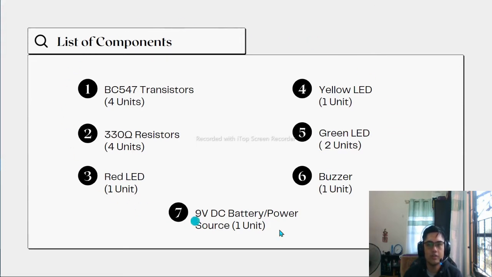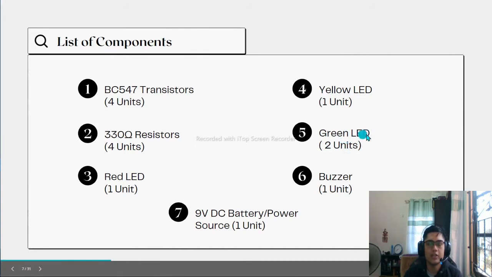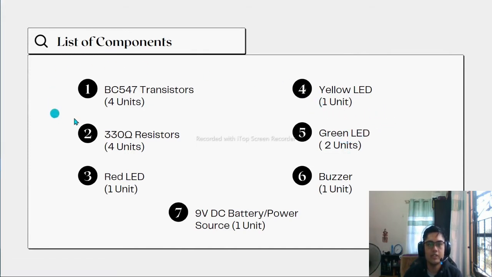So all of these components are needed in order to complete the system. The first component here is the transistor with the series number BC547, where we need 4 units. Then the second component is the resistor with a resistance of 330 ohm, where we also need 4 units.